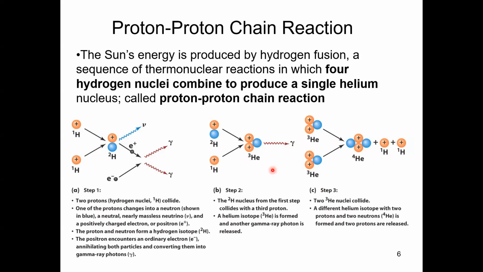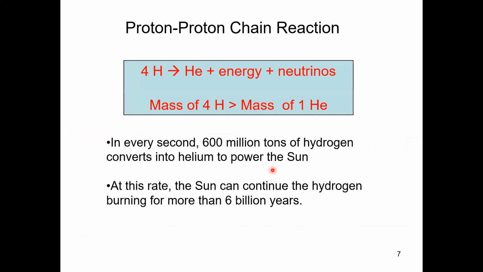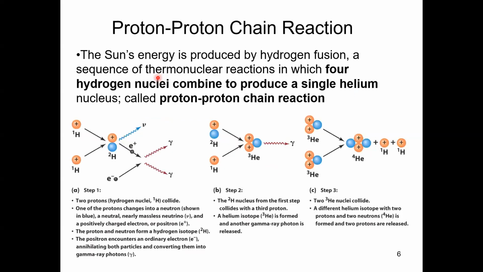Now, if you combine all three stages and look at what goes in and what comes out, it's basically four hydrogen nuclei. Hydrogen nuclei means four protons going into the process through all three stages. Actually, you have six going in, but you get two out.